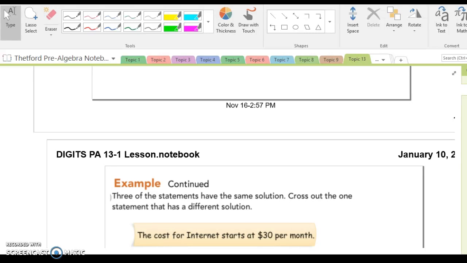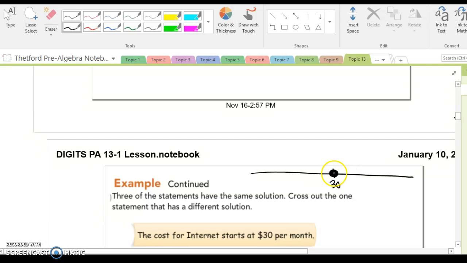So the internet starts at $30 per month. That means that it might be more than $30 per month. Not exactly, so we're going to include $30 per month, so we circle it in. And we know that it could be more than that, so we're going to go to the right. Now we're going to figure out how to write this as an inequality.